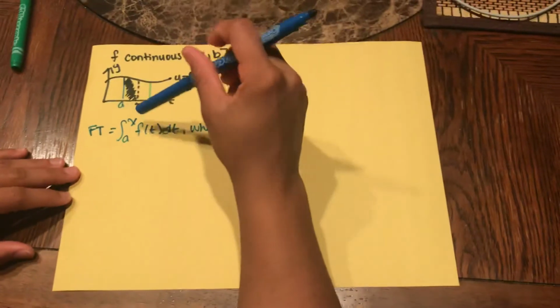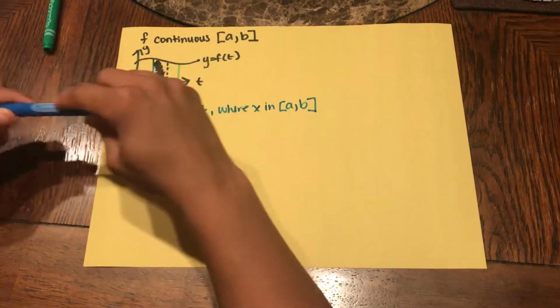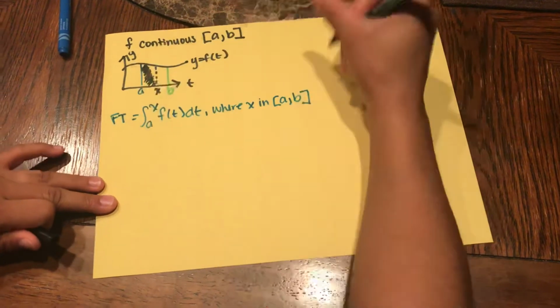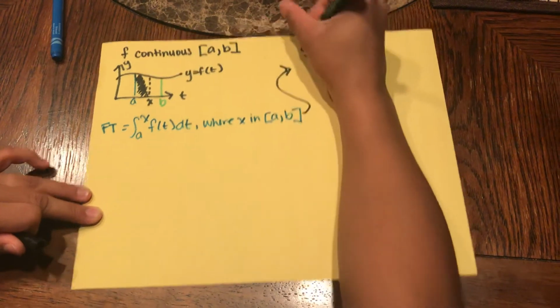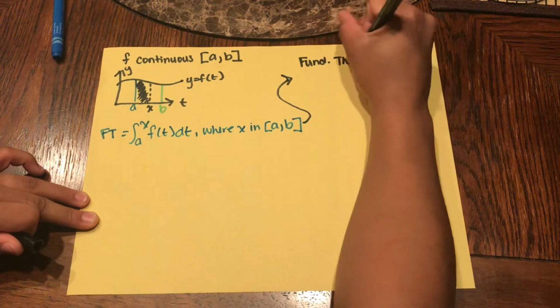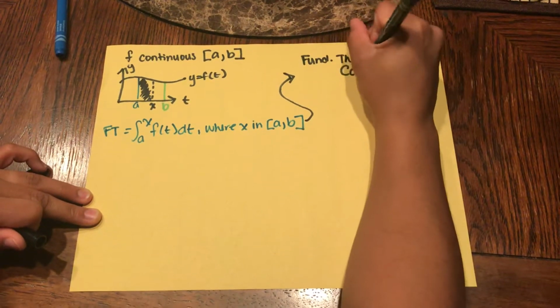And this is going to equal our big F of x. And in order to change it from the t term into the x term, we're going to use what is called the fundamental theorem of calculus.